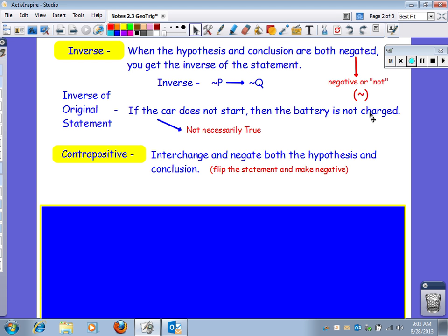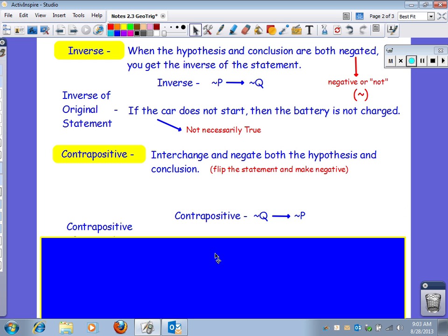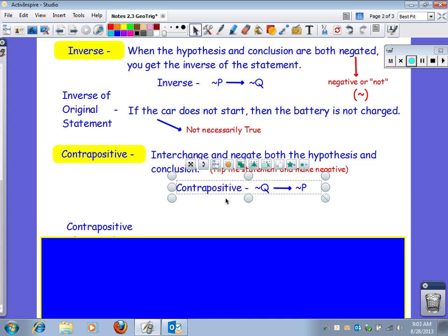If I flip around the inverse, do I get the contrapositive? Yeah, because we already made it negative here, so if you flip it around, you'll have the contrapositive. So what would I get if I flip this inverse around? If the battery's not charged, then the car will not start. So our contrapositive, the symbols are going to be the opposite of Q to the opposite of P. So you flipped it around and you made it negative.